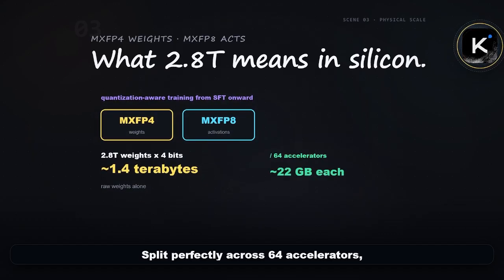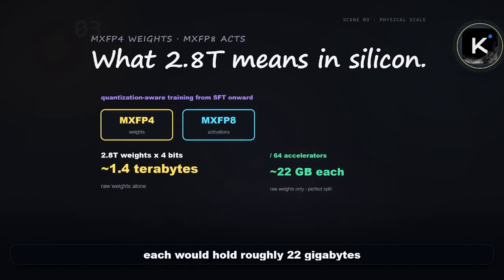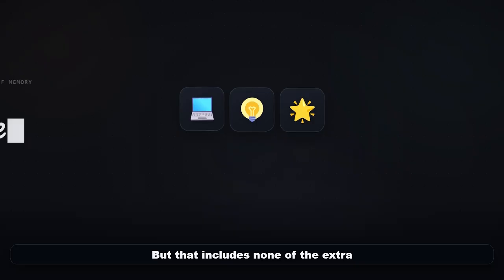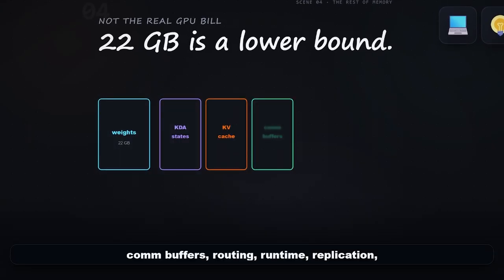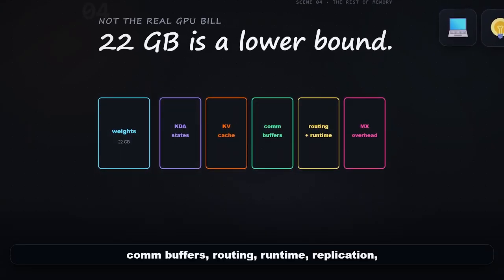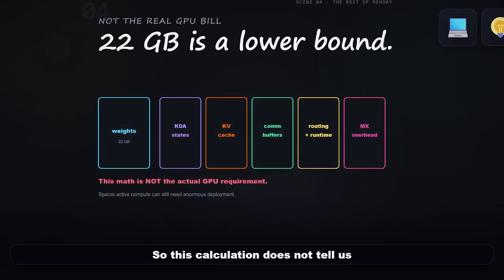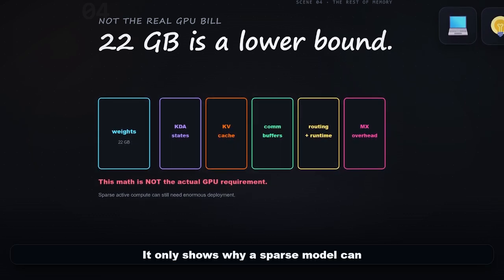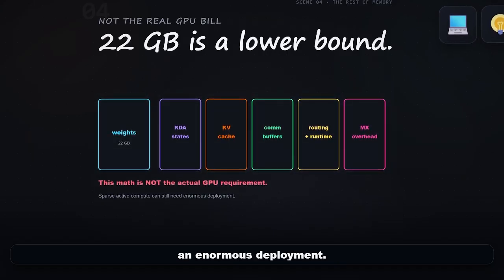If that were divided perfectly across 64 accelerators, each accelerator would hold roughly 22 gigabytes of raw weights. But that number includes none of the additional memory required for KDA states or KV cache activations, communication buffers, routing, the inference runtime, replication, and the overhead of the MX formats. So this calculation does not tell us the actual GPU requirement. It only shows why a sparse model can use relatively little active computation and still require an enormous deployment.